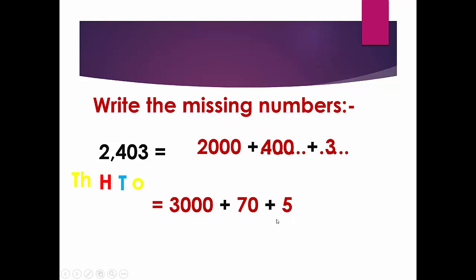The number which has no zeros is 5. I will write it in ones because ones don't have any zeros. Then, teacher, I look for the number which has 1 zero to write it in tens. So which number has 1 zero here? 70.